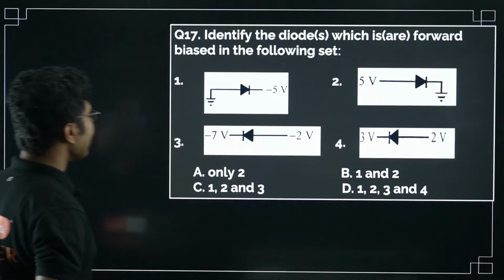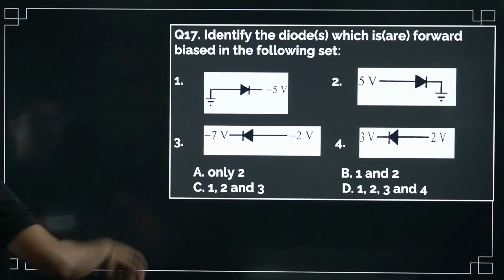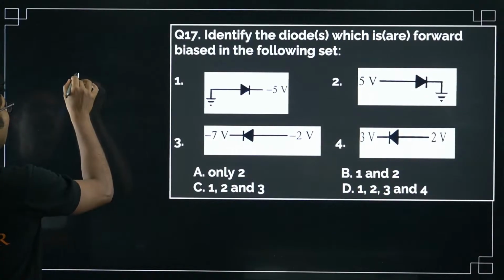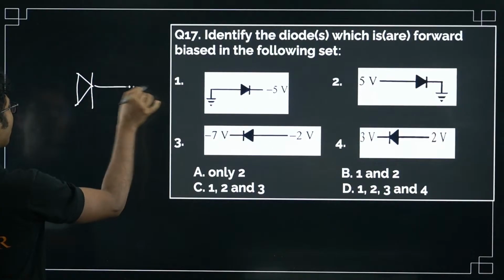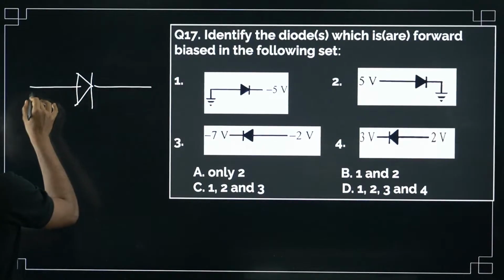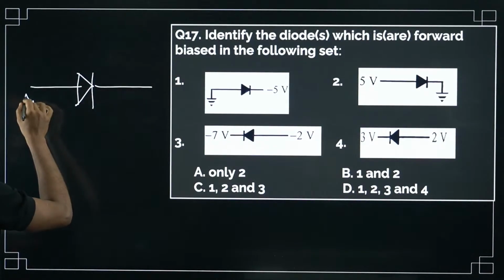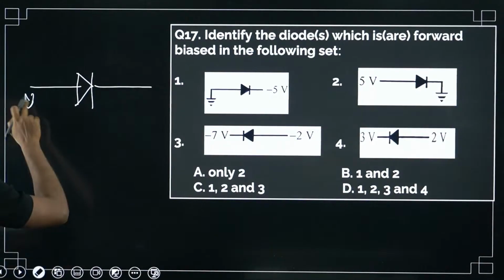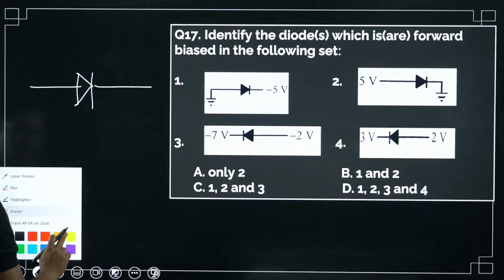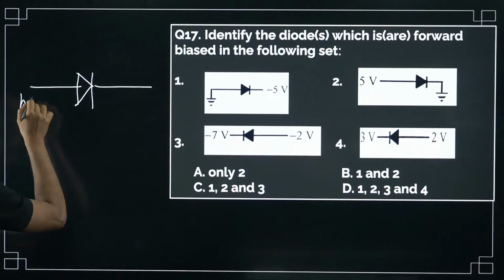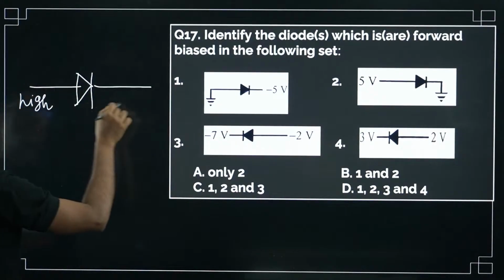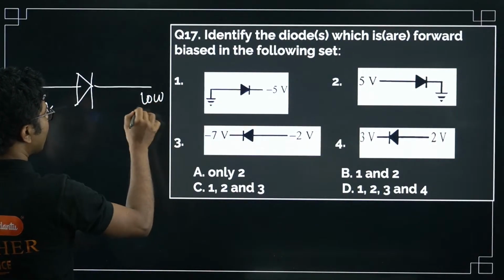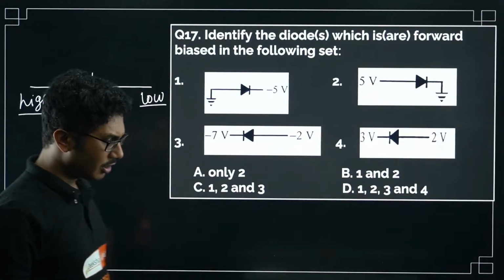Now what is the condition of forward bias? First of all, it does not depend on positive or negative. The P side should have high potential compared to the N side. That is the only condition. Positive, negative does not matter.